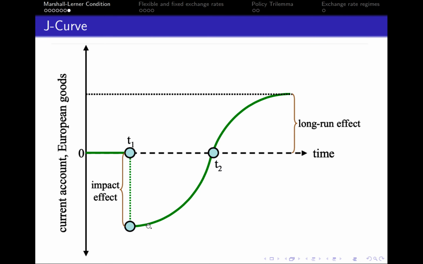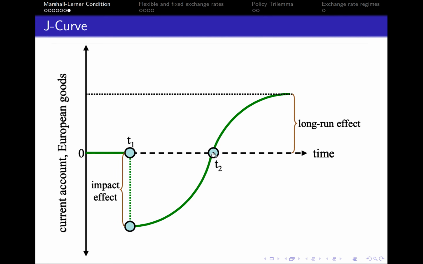But with time, in the long run, this effect is turning. What does it mean? Look, as our goods have become more competitive, we will see more orders from foreign countries, while our residents will be substituting imports with home production.